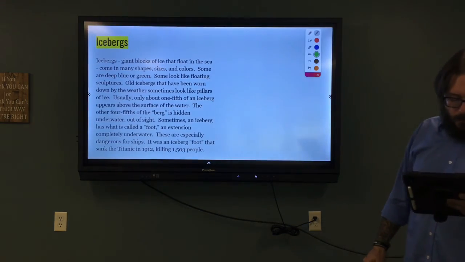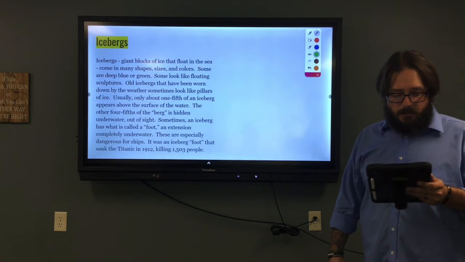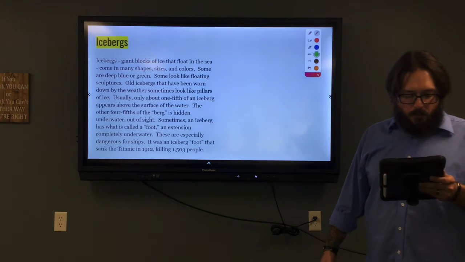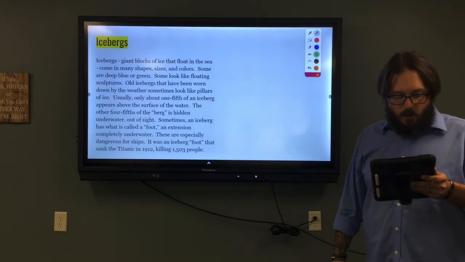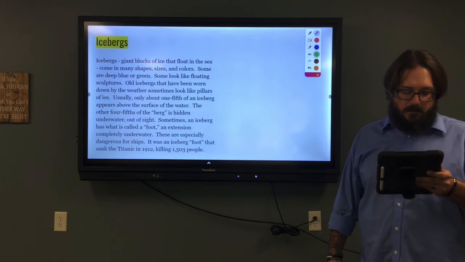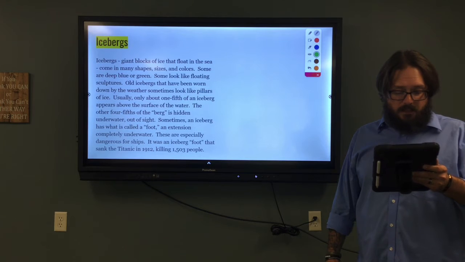Icebergs. Icebergs, giant blocks of ice that float in the sea, come in many shapes, sizes, and colors. Some are deep blue or green. Some look like floating sculptures. Old icebergs that have been worn down by the weather sometimes look like pillars of ice. Usually only about 1/5 of an iceberg appears above the surface of the water.